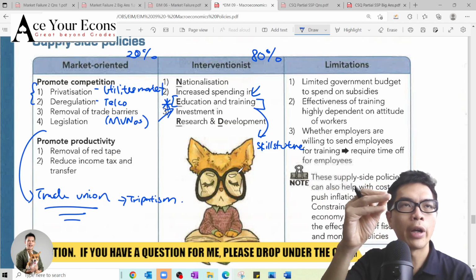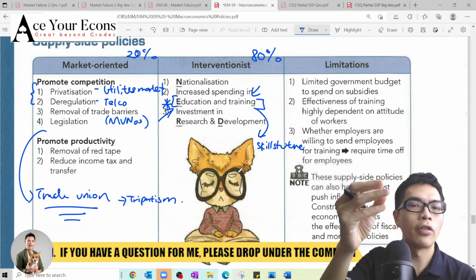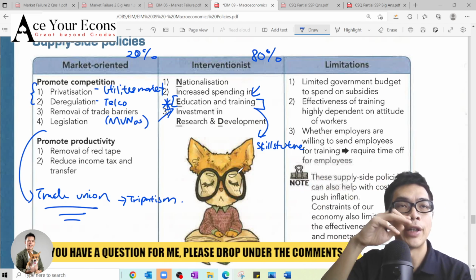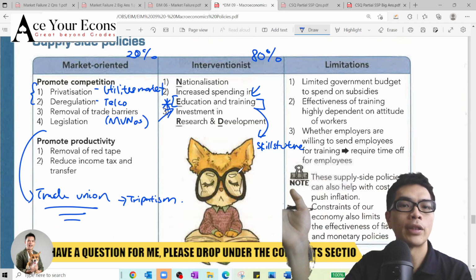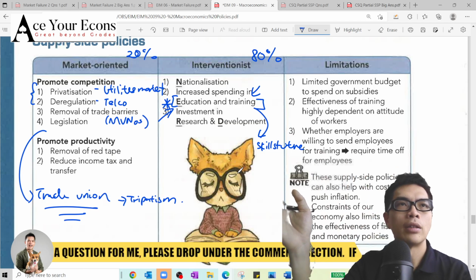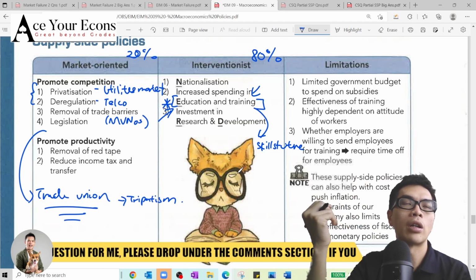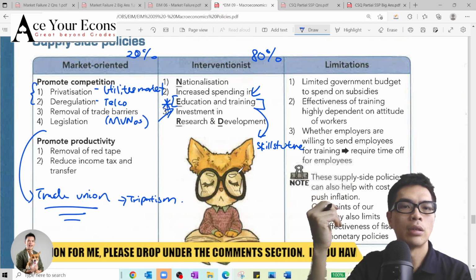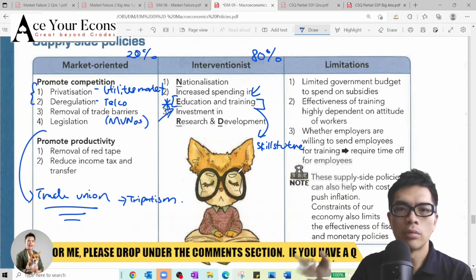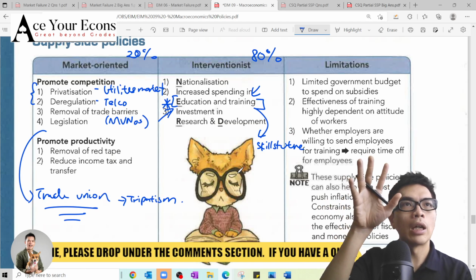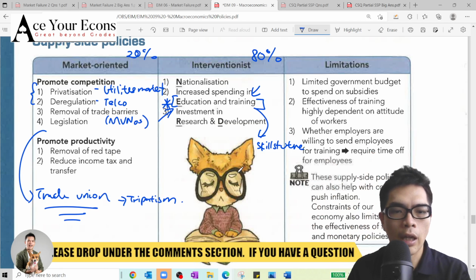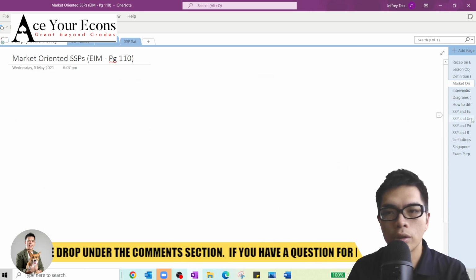Most of them are quite clear-cut. For instance, education and retraining is likely to affect production capacity. Sometimes it can reduce your production cost as well. Clear? Okay, I will skip this and move on to the diagram approach.